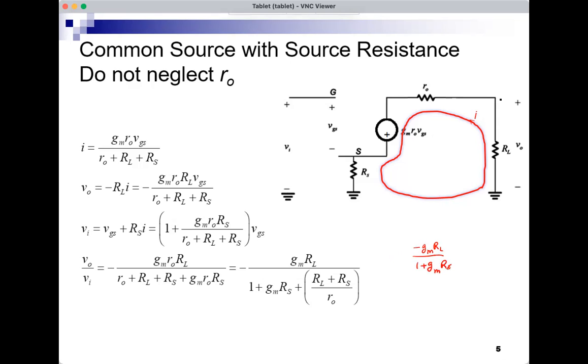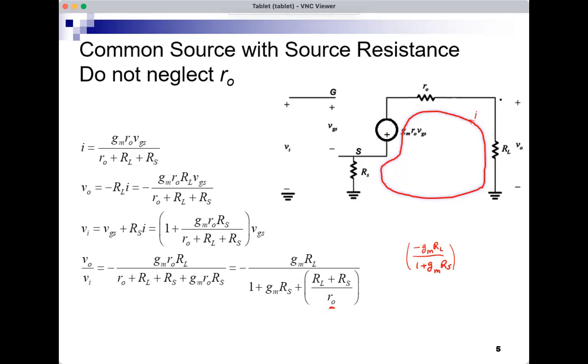So let's verify: if RO goes to infinity, then (RL plus RS) over RO would go to 0, and I get this. So that's verified. Also, if RS is 0, then I get minus GMRL as I expect. Another verification that we can do is, what if RS is 0, but there is an RO?